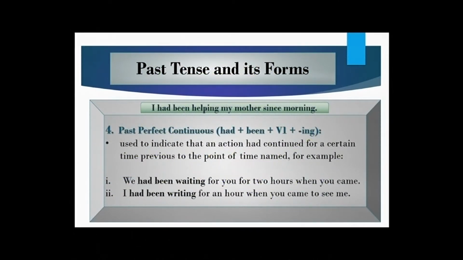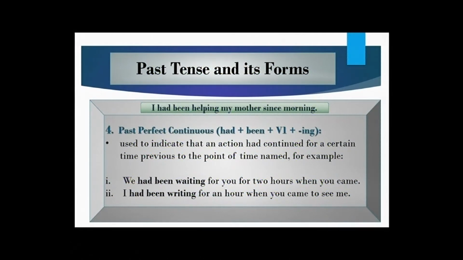Now, past perfect continuous. In this aspect of past tense, we use had with the third form of the verb be, that is been, and the first form of the main verb with the suffix ing.